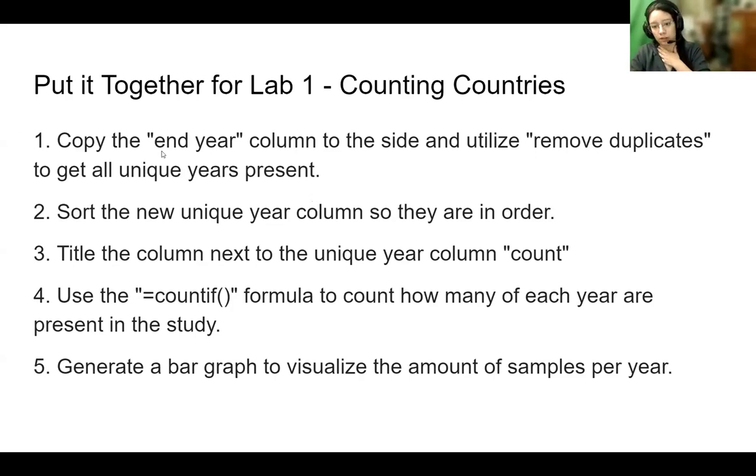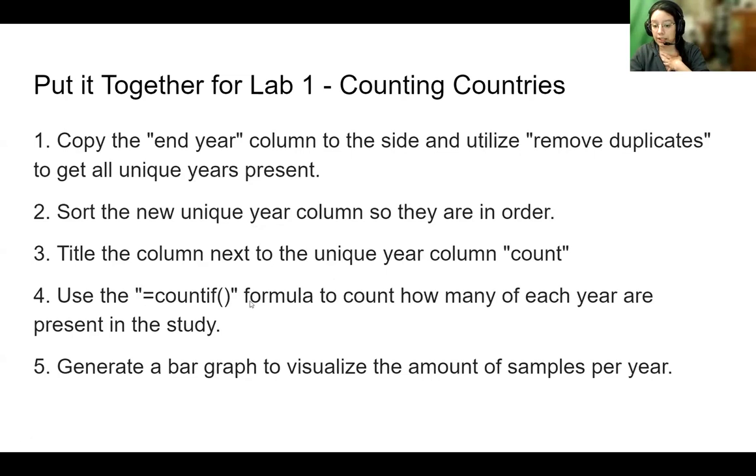So first, we copy the end year column to the side and utilize remove duplicates to get all unique years present. Sort the new unique year columns so they're in order. Already we're seeing things that we just talked about. Title the column next to the unique year, count.